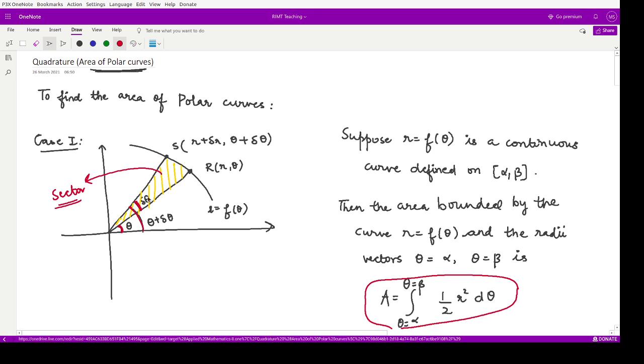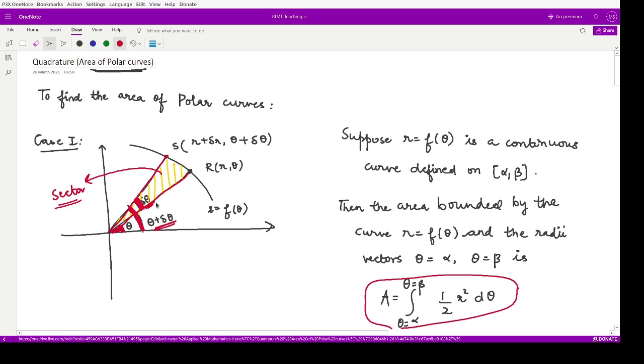Only the angle is changing for this curve. For this curve, your angle was theta. This was the angle. And for this point, the angle is this complete angle, theta plus delta theta. So what is the difference between these two? The difference is this particular angle, and this is delta theta.